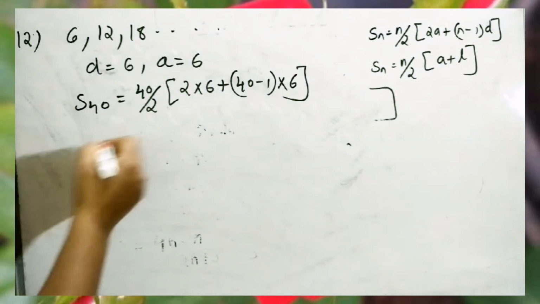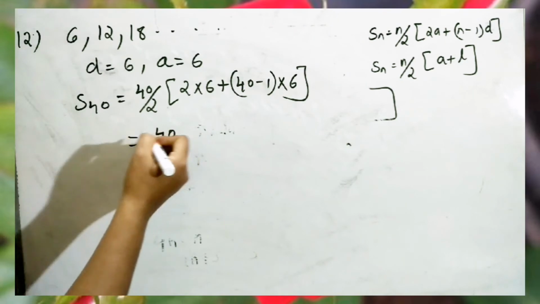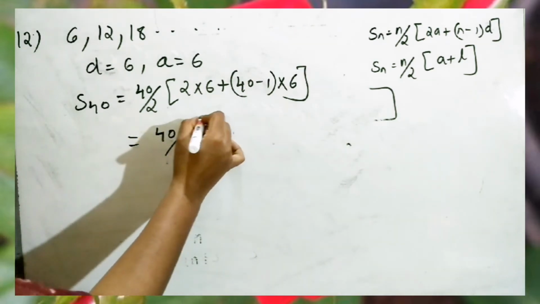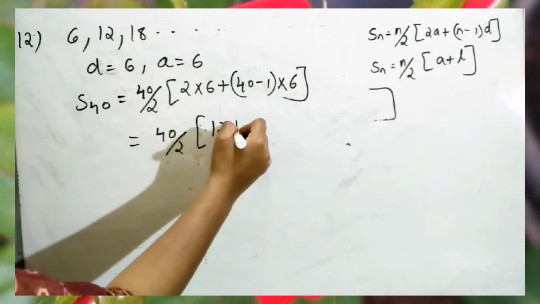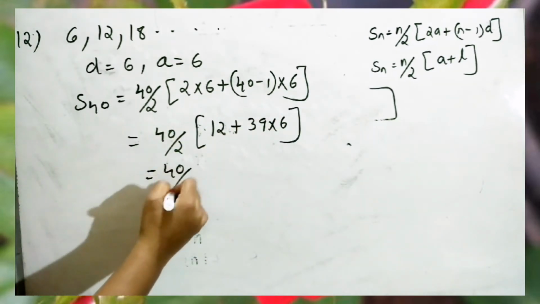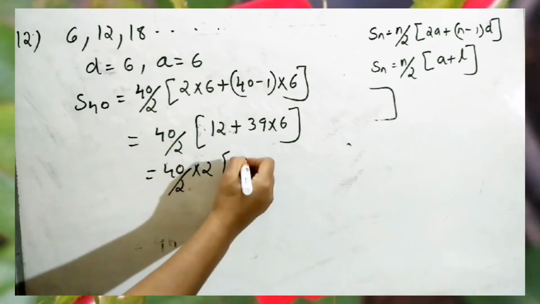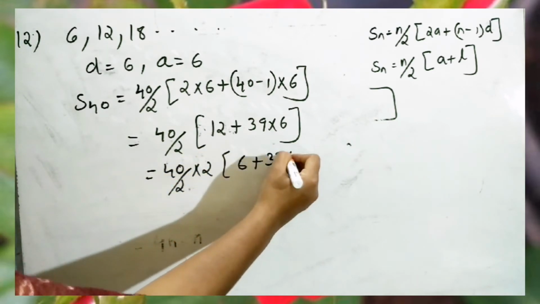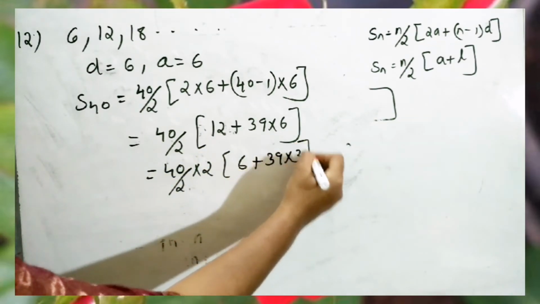And it is equal to 40 by 2 into 12 plus 39 into 6. That is 40 by 2 into 2, we can take it outside, so 6 plus 39 into 3.